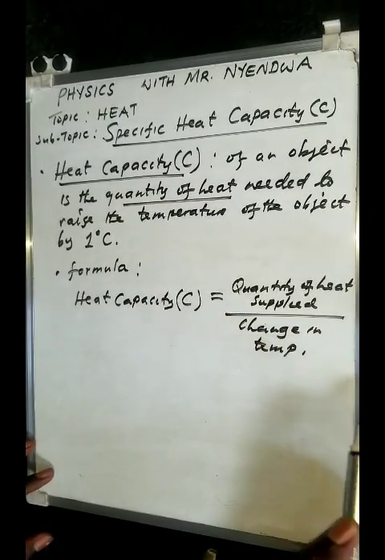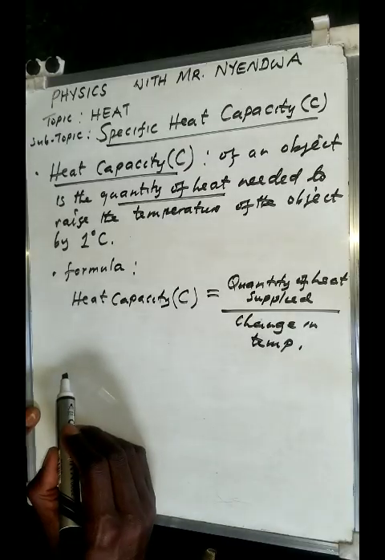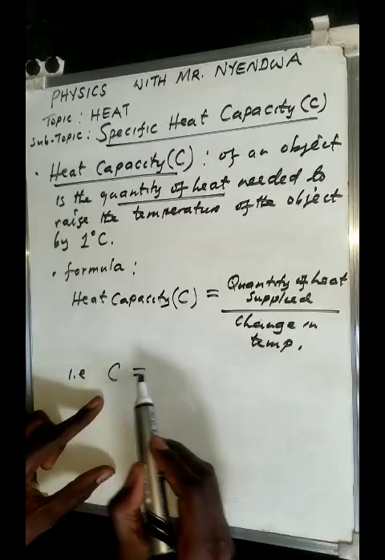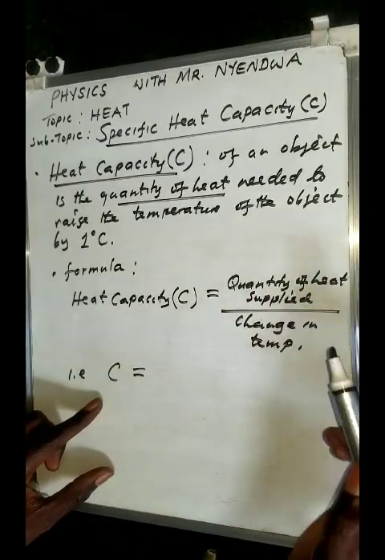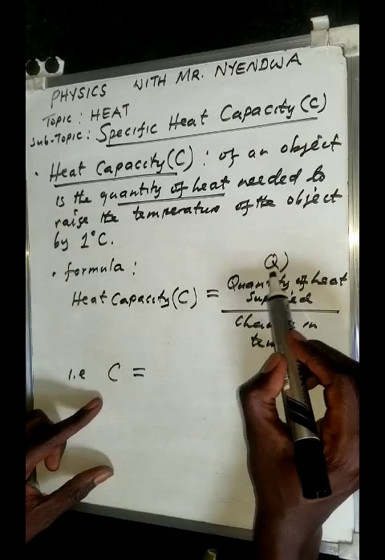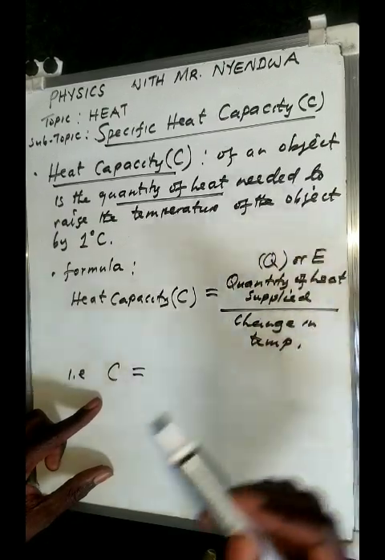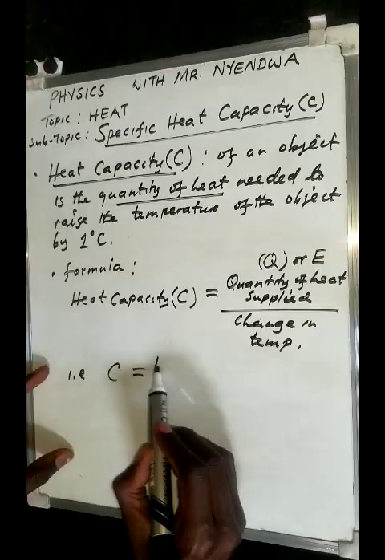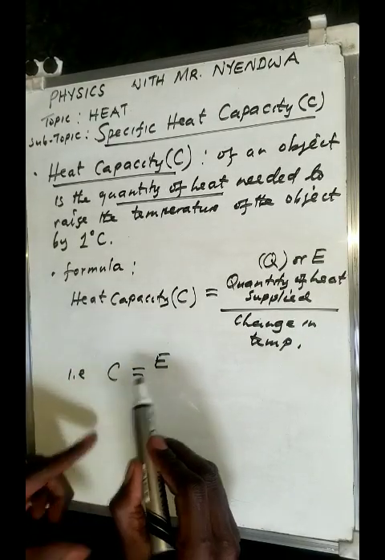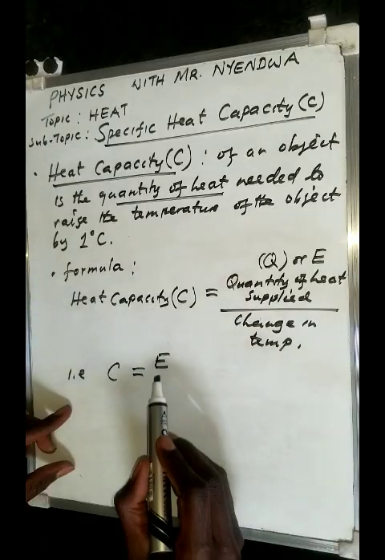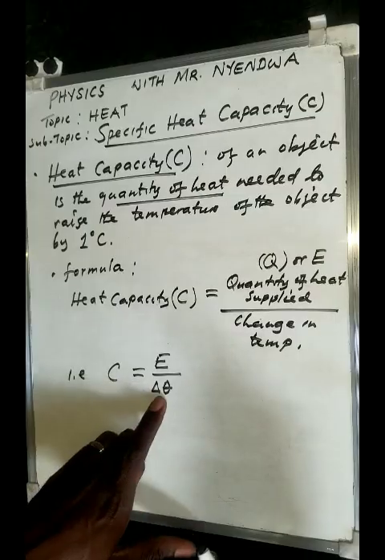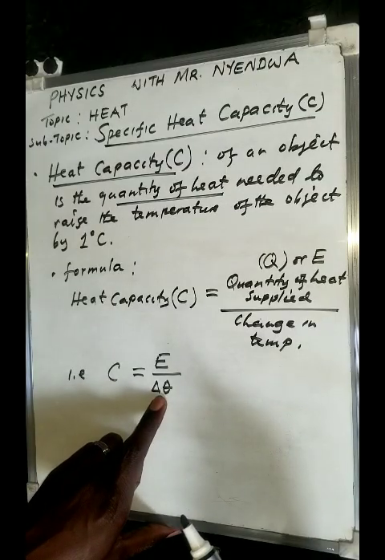Some books are going to be using Q, or others are going to be using E. It doesn't matter. In this case, I will be using E. So the quantity of heat, or the energy, that has been supplied, divided by the change in temperature, represented by delta theta there. So that is what you need to remember.